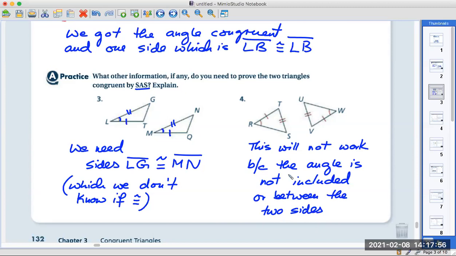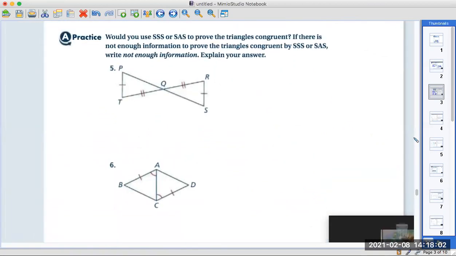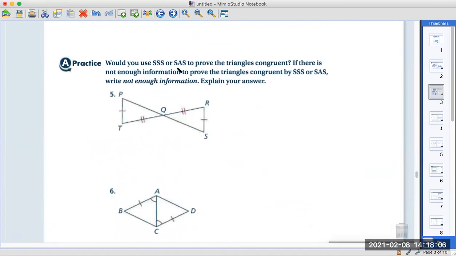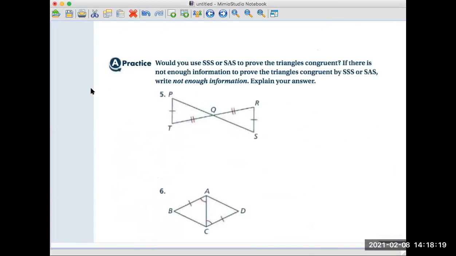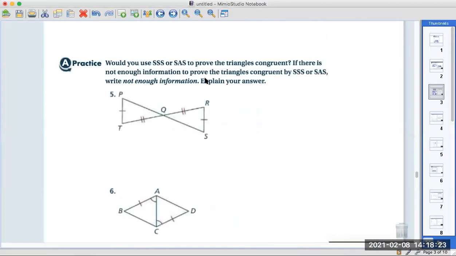Okay, so that's this. On the next page, 133, we want to do the practice, number 5. Would you use SSS or SAS to prove the triangles congruent, or is there not enough information? Explain your answer. When you see something like this, you always mark vertical angles.